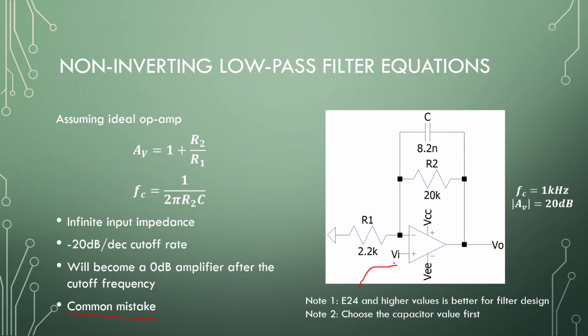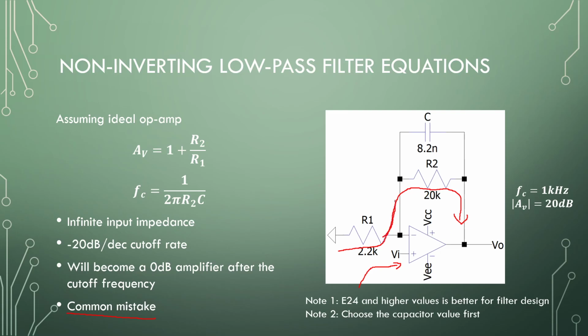We have infinite input impedance, but the problem is when we are not at cutoff yet, current will move through that resistor right there, giving us a gain.